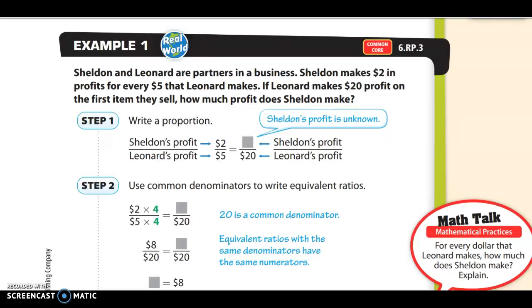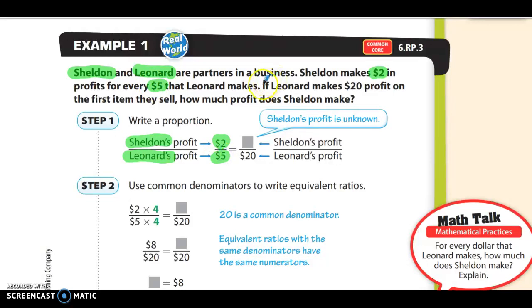Seems like a lot of words there and it seems kind of complicated, but let's pick out the important stuff. There's two people, and we put them as part of the ratio. Notice Sheldon was first, Leonard was second. So I'm going to have Sheldon be my first term and Leonard be my second. Later it tells me that Sheldon makes $2 and Leonard makes $5.